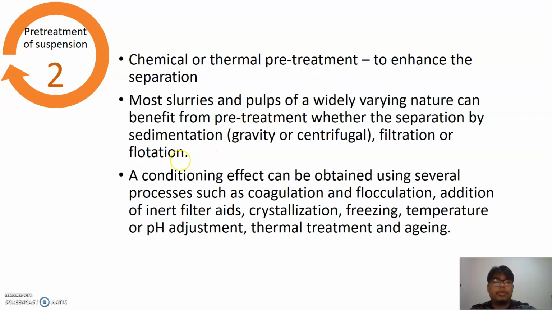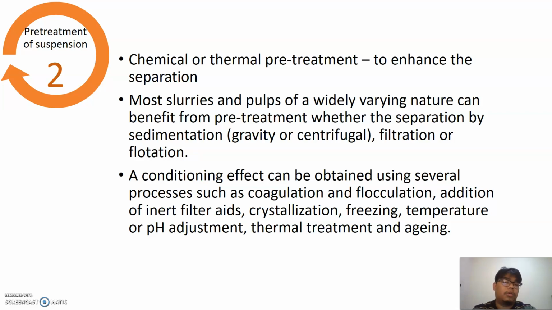Besides, many slurries and pulps of a widely varied nature can benefit from pre-treatment, whether separation is by sedimentation or by flotation, and a conditioning effect can be obtained using several processes such as coagulation, flocculation, addition of inert filter aids, crystallization, freezing, temperature or pH adjustment, thermal treatment, and aging. So we will see the effect of a few of these processes.